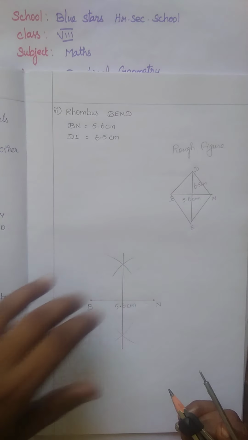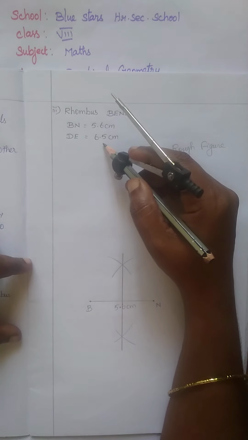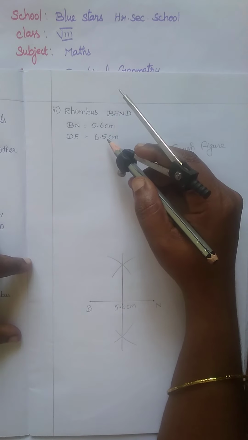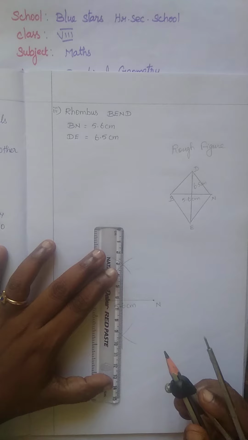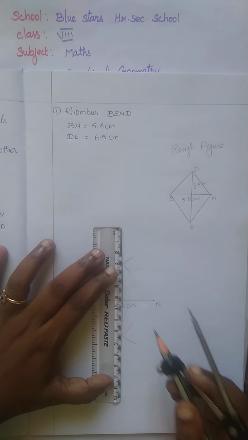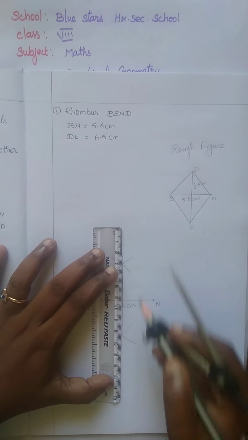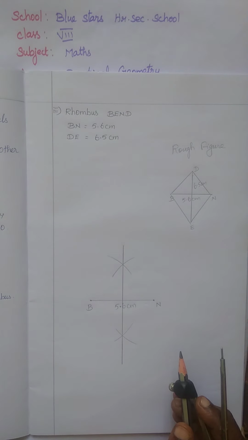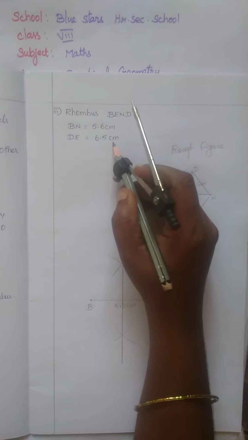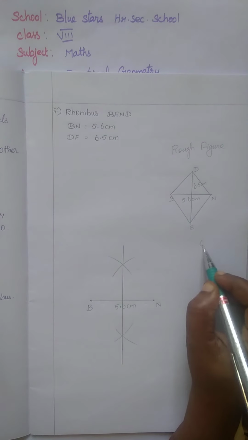So on this line we are going to draw the length 6.5 centimeter. We extend this. Now we are going to draw 6.5 centimeter. What is the half value of 6.5?